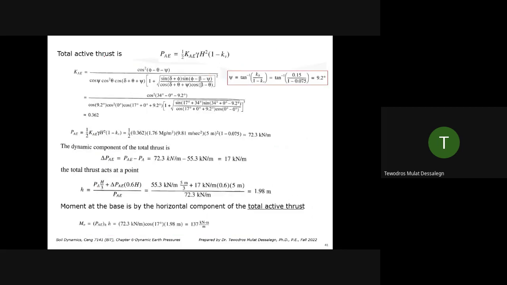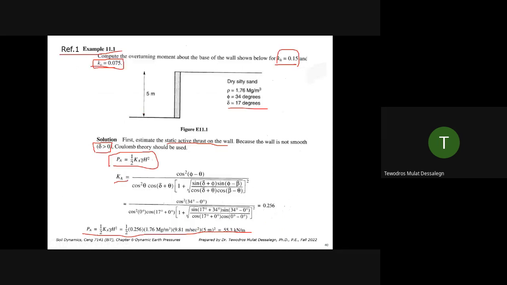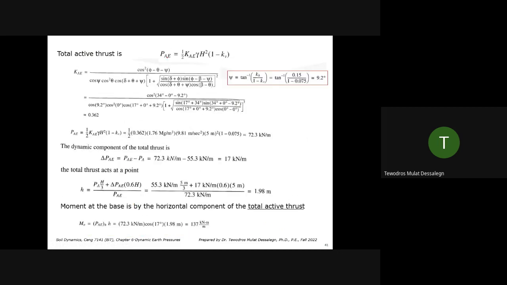Total active thrust is now, this is a static condition only. Now for dynamic condition, we have the seismic coefficients, Kv and Kh, but more extended equations. You do all the math, and finally you'll come up with a total active thrust, which is a total pressure in seismic condition, which combines both static and dynamic. So let's say we got 72.3 kilonewton per meter.